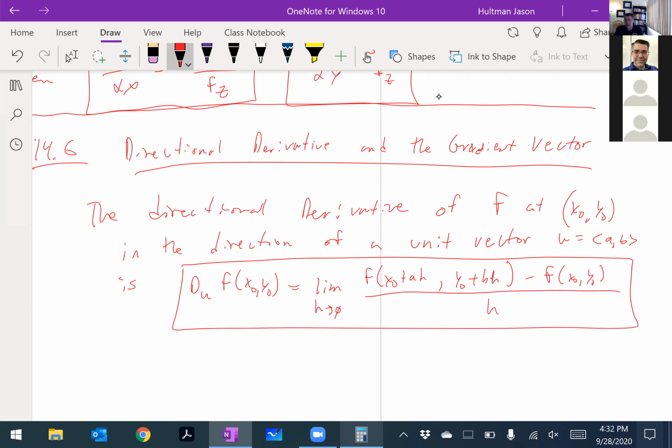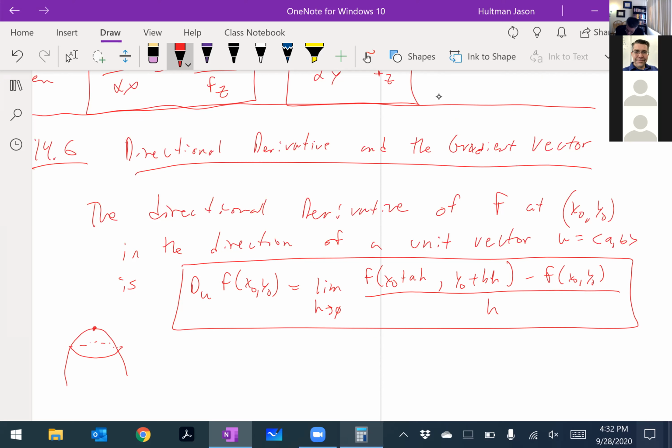Remember, our partials were in the direction of x or in the direction of y. Now this is in a direction, so we have to take into account that x is changing and y is changing. So again, think of being on the top of the mountain here. We're on the top of the mountain.